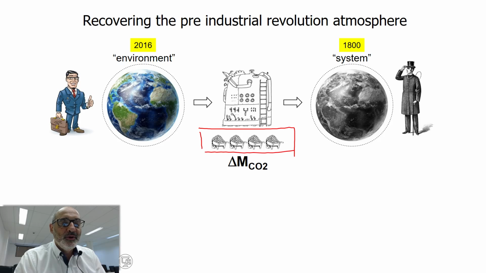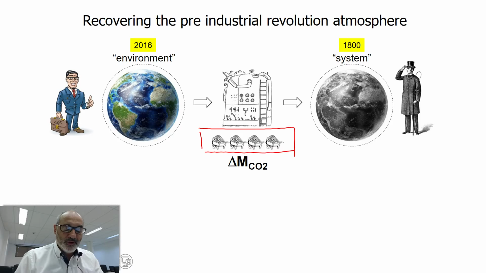So we want to remove the carbon dioxide that we emitted during all this period, from the 1800s to today. If I manage to build this machine, it can be by liquefaction, for instance. I can construct a kind of liquefier, and I can liquefy CO2 from the atmosphere and store CO2 somewhere.